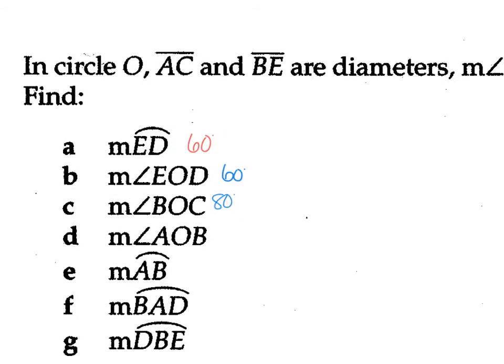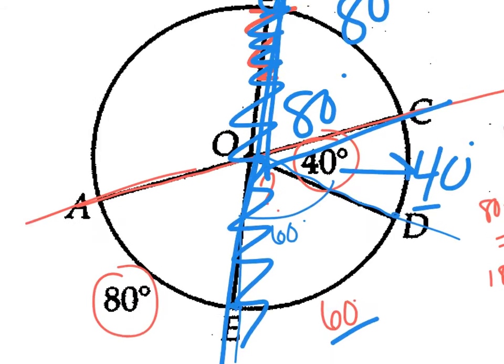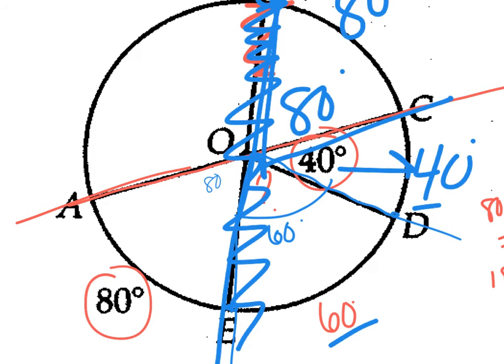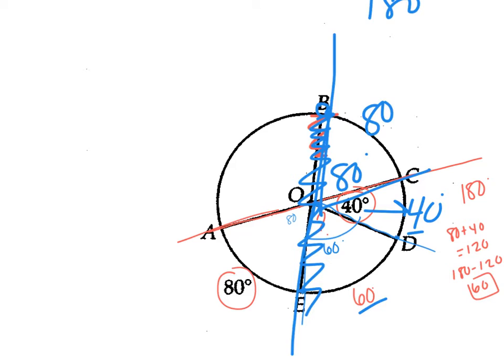I now want to find the measure of angle AOB. We're also going to write down that the measure of angle AOE is 80 degrees as well, because of central angles intercepting that arc of 80 degrees. So I want to find the measure of angle AOB. Well, I know there's 360 degrees in a circle, and I have 80, 60, 40, and 80.